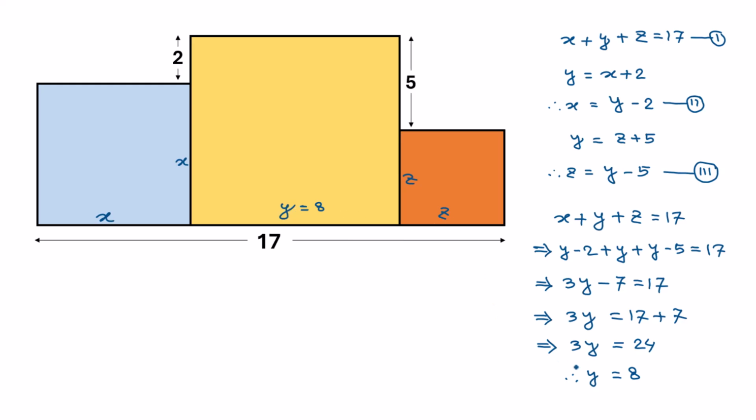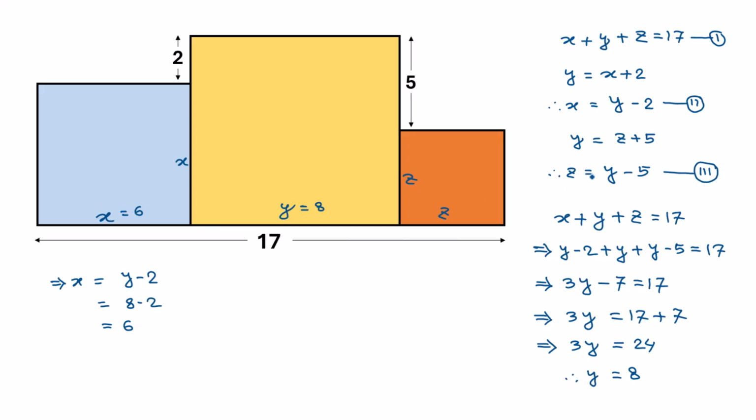And substitute the value of y in equation 2, we will get the value of x. So x is equal to y minus 2, from equation 2. Substituting y is equal to 8, we get 8 minus 2, which is 6. So the value of x is equal to 6. So the length of this blue square is 6 units.